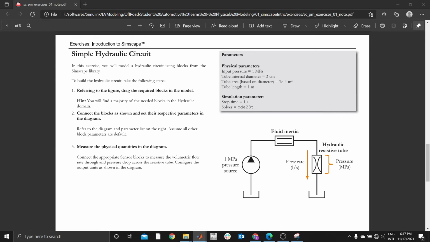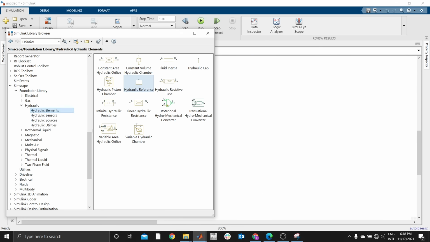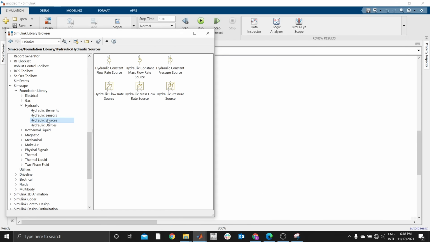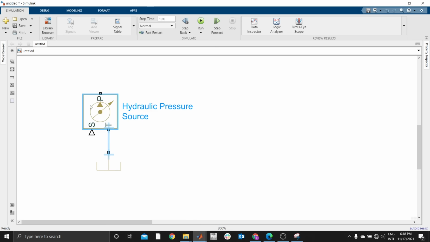In this scenario, I'm going to use a pressure source, because you can see this one is written pressure source. Therefore, you go back to the Matlab library, go to the hydraulic sources, and look for the pressure source. Here it is. Drag it here. That's my source of pressure.